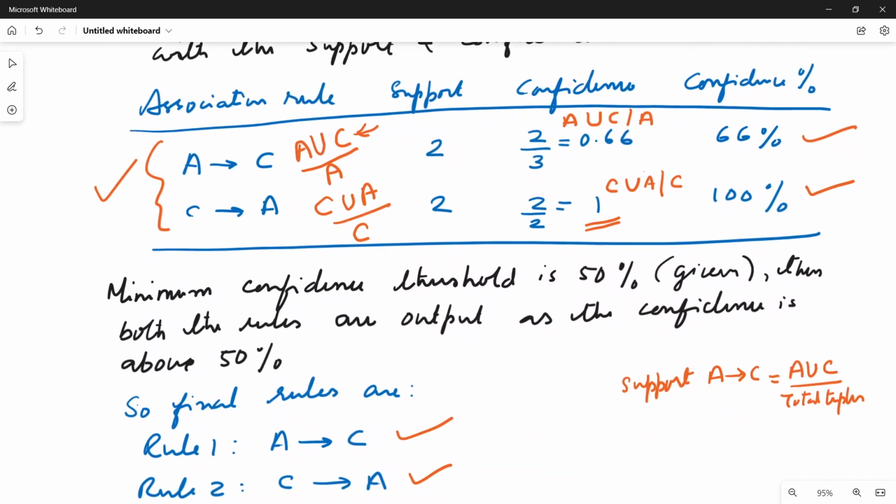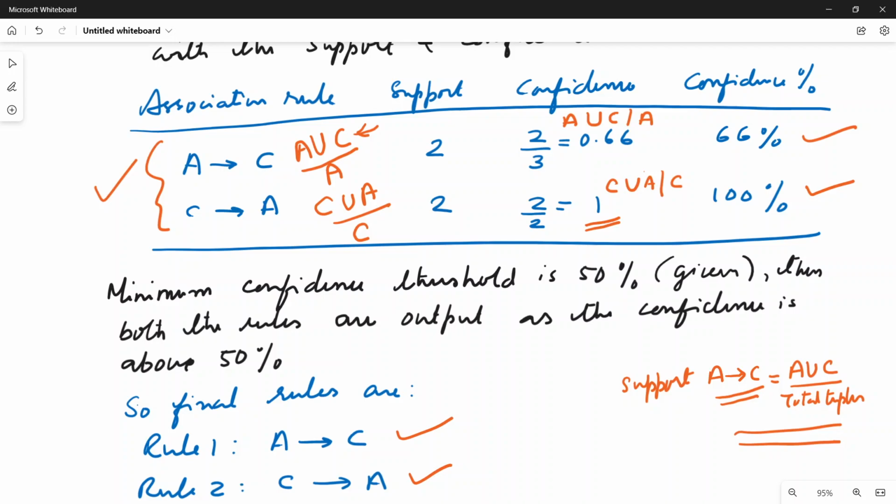So suppose the support is not given, we can find the support by using this formula. Support is like A union C. Suppose the rule is like this, if you want to find the support of A to C, how will you find this? A union C. That means you need to find the number of transactions where both A and C are present, divided by the total tuples, meaning the total transactions.